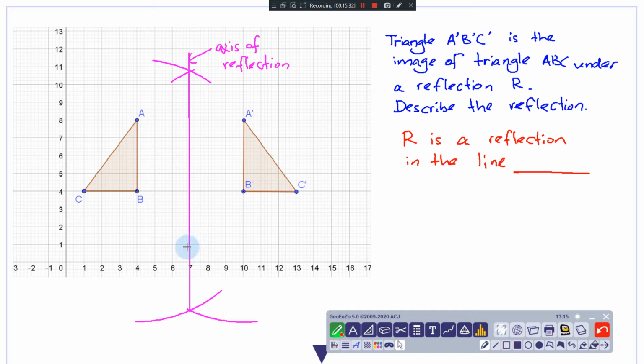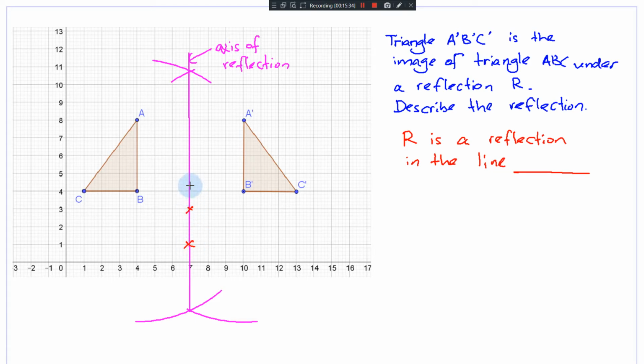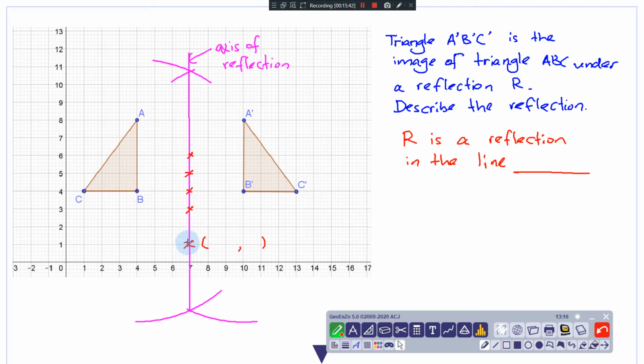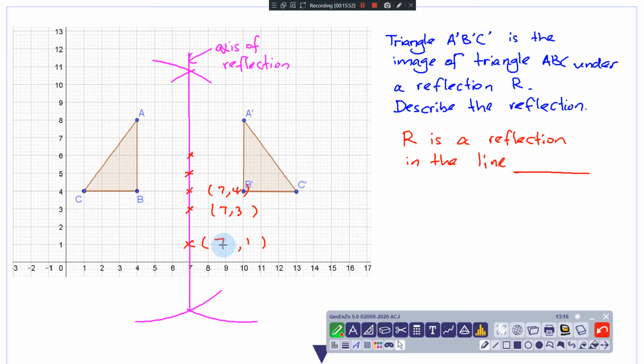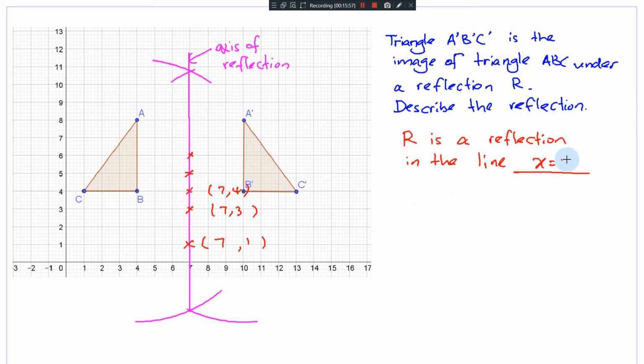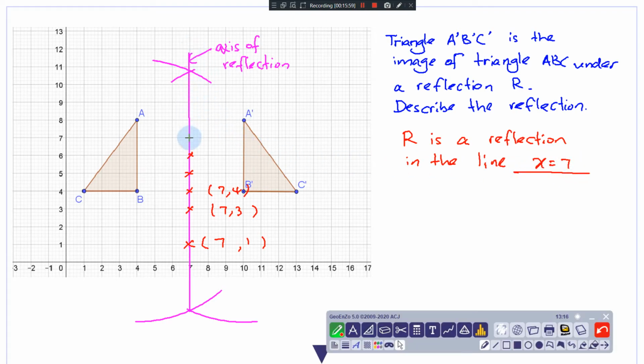So do you notice that any point that falls on this straight line, the x coordinate, this is 7, 1, right? This is 7, 3. This is 7, 4. Every time the x coordinate will be equal to 7. So this straight line is x equal to 7. This is the equation of this straight line. So if you tell people x equals 7, then people know that you are mentioning this straight line. Okay?